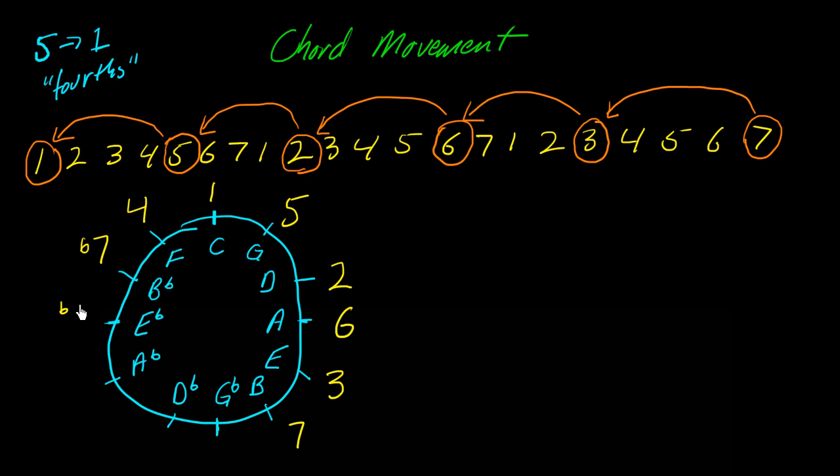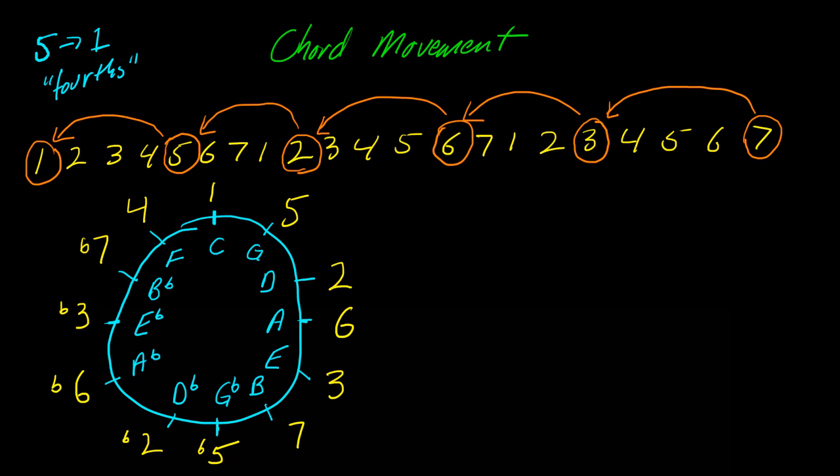This is a flat 3, flat 6, flat 2, and then flat 5. Now this makes sense. We have 1, 2, 3, 4, 5, 6, 7, and then 5 flatted numbers. Flat 2, flat 3, flat 5, flat 6, flat 7. Okay, that completes it.